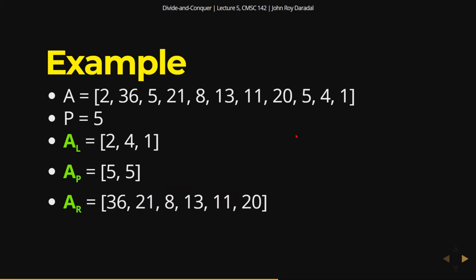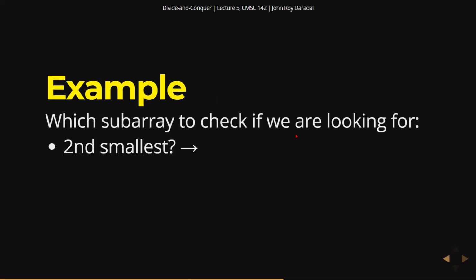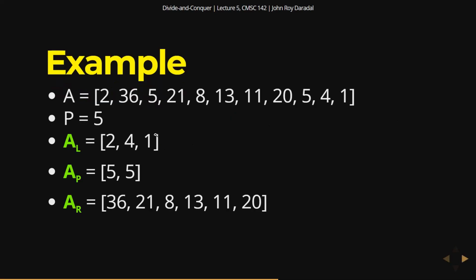Given this example, if we were to select the second smallest item, which subarray should we check? We should check A sub L, because it should be somewhere here, 1, 2, something like that.